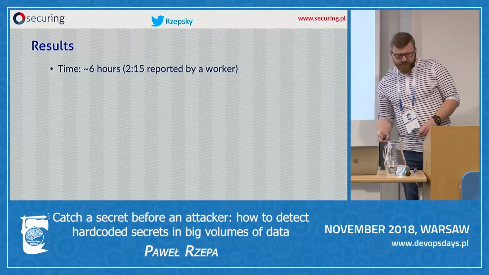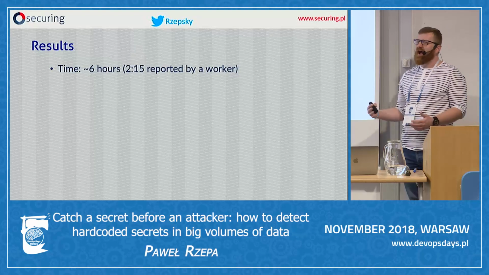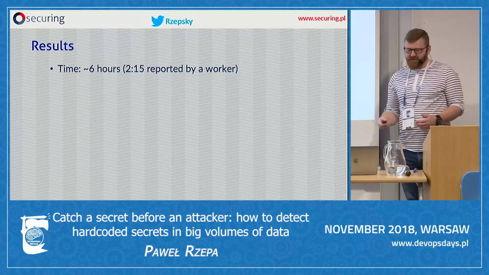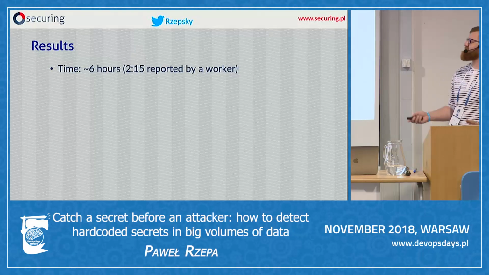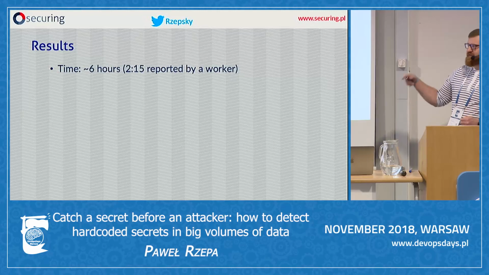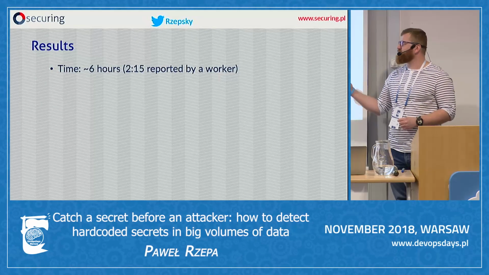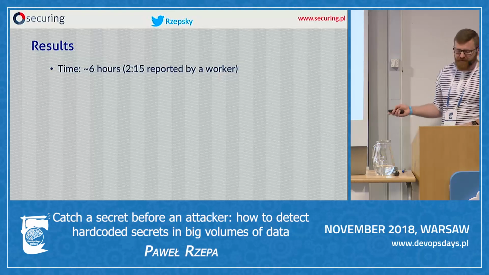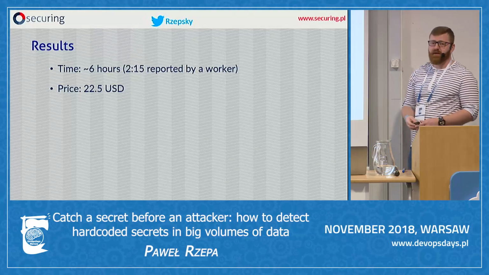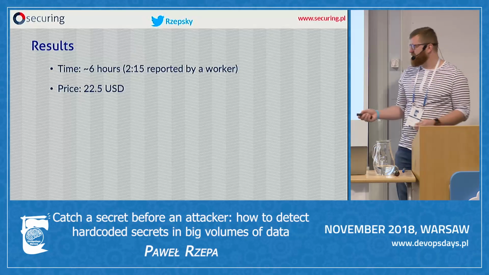Because I knew where the secrets were and how they were put, I could analyze the results. After 6 hours, all the tasks, reviewing the 5 gigabytes of data, took a little more than 2 hours. I put a reward of $20, and the $2.50 is from AWS.